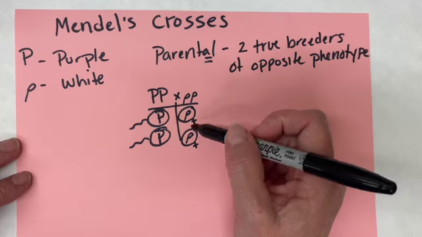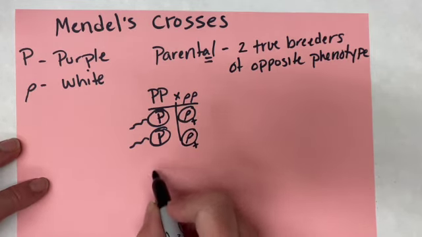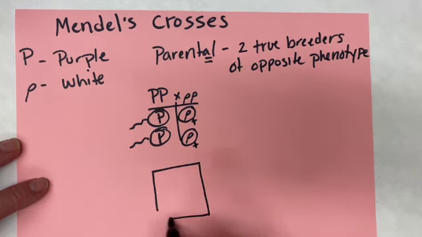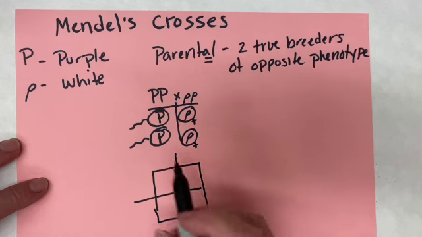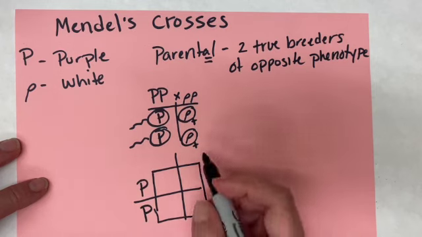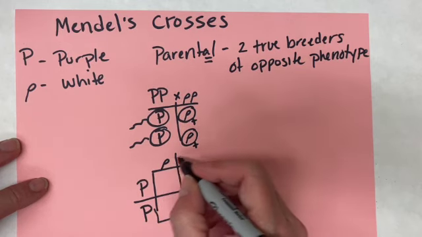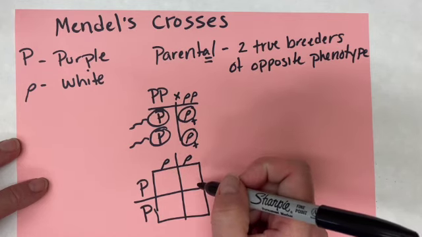So if we take these 2 individuals and we make these gametes, we can then put them into a Punnett square. And the Punnett square is the prediction of what should happen if you have these 2 individuals mating. And of course, we only have the allele for the dominant trait in that one, and this female here has only the allele for the recessive trait.